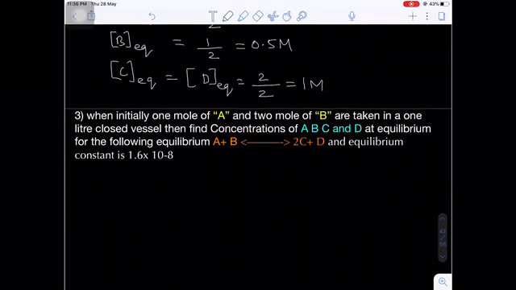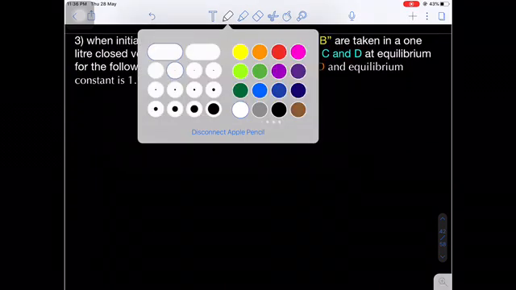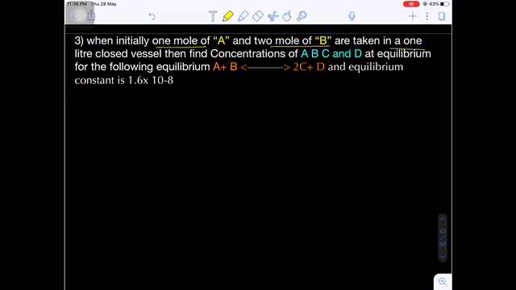Okay. Now come to the next problem. Here we have initially 1 mole of A and 2 moles of B in a 1 liter closed vessel.